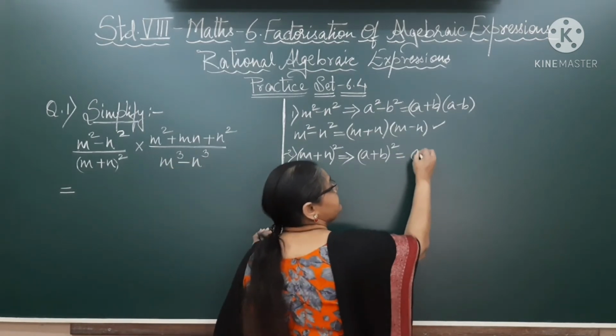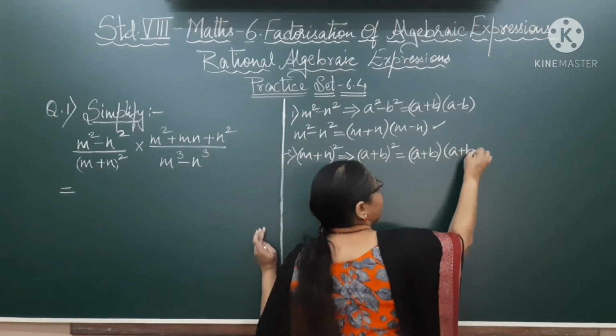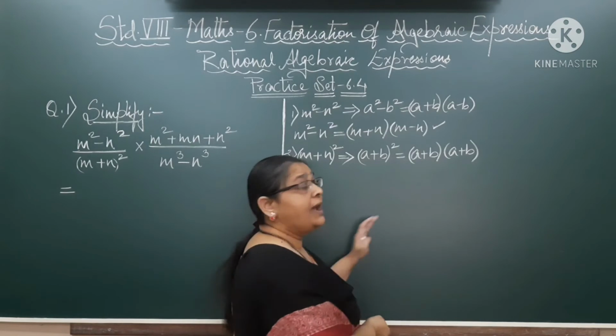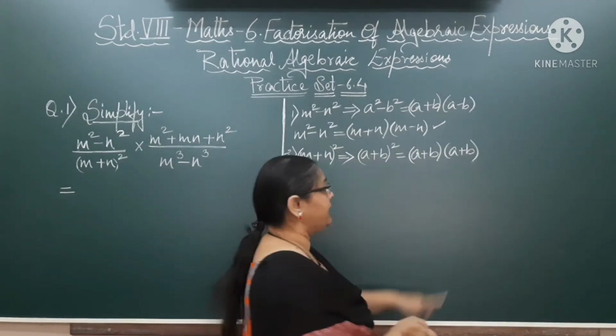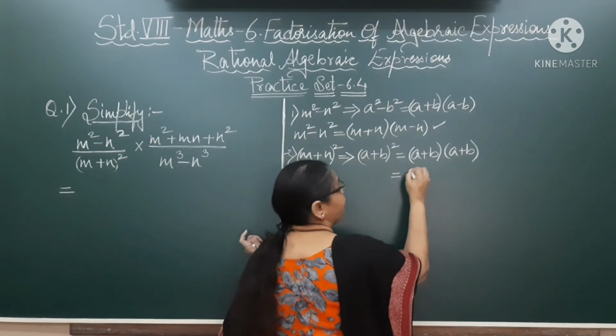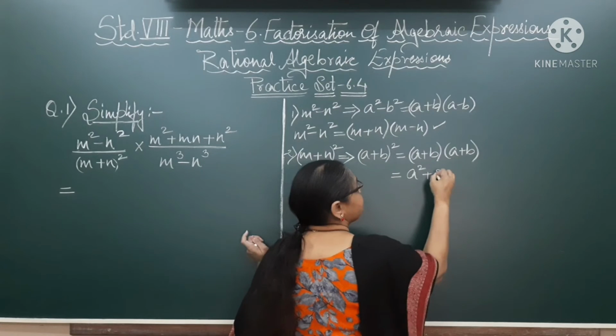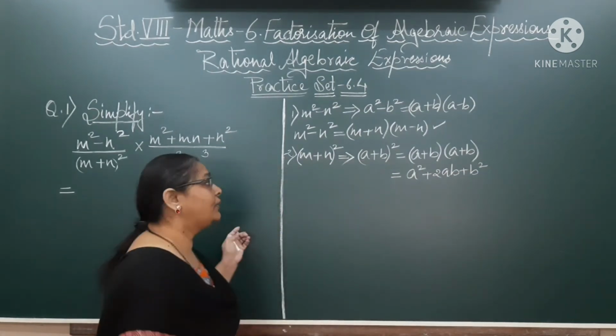I know that it is a plus b into a plus b, which when multiplied, a binomial multiplied by another binomial, gives us another formula, a square plus 2ab plus b square, isn't it?